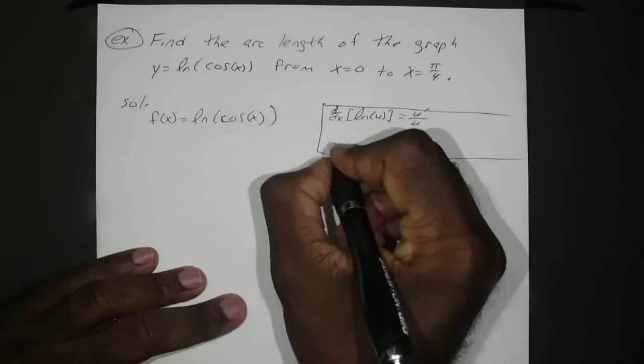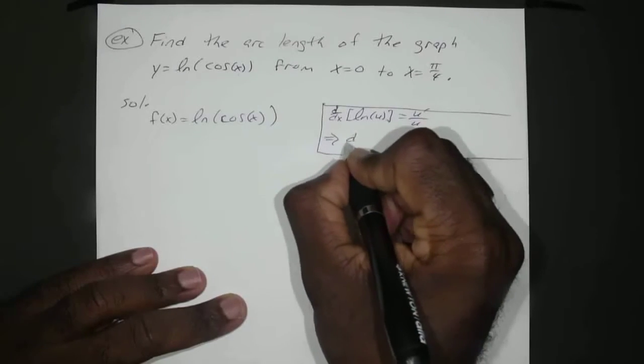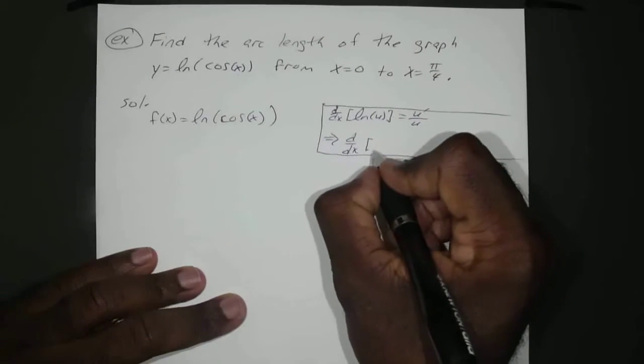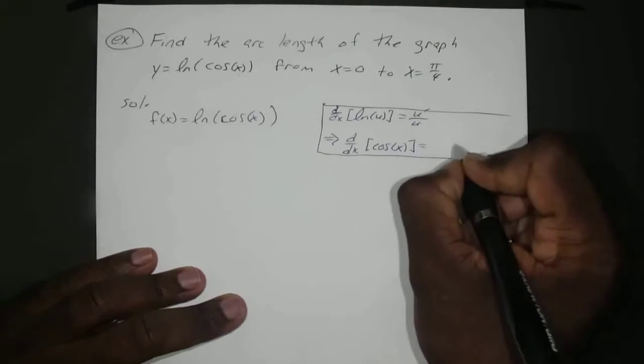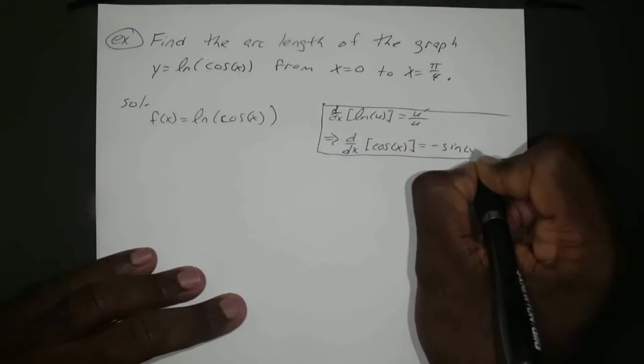Okay, so the derivative of cosine of x is negative sine of x.